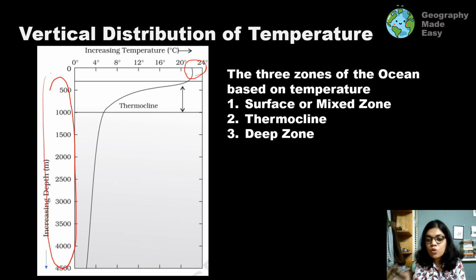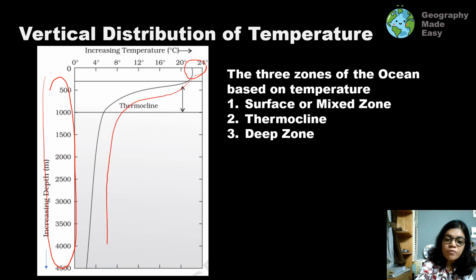This is the global average on the surface of the earth, and then we see that this particular curve dips down and the temperature becomes nearly 4 degrees Celsius at the deep sea bottom. So the temperature will decrease steadily.